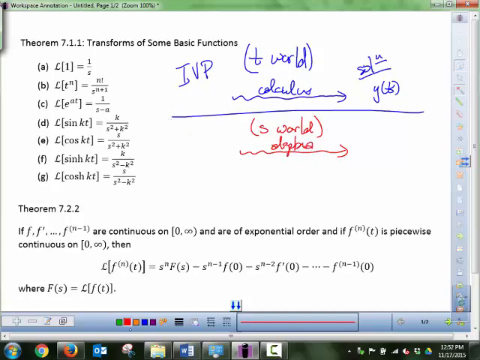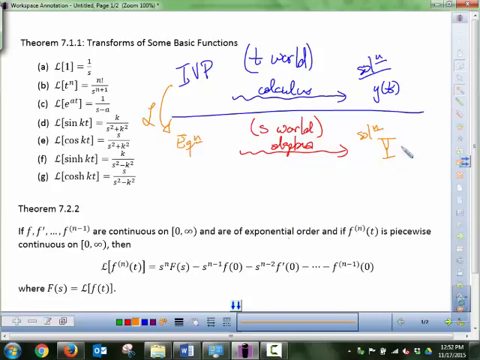What we need to do is make that jump from the T world to the S world using Laplace transforms. So when you do Laplace transforms, you go into the S world, solve using algebra, and then you get the solution.